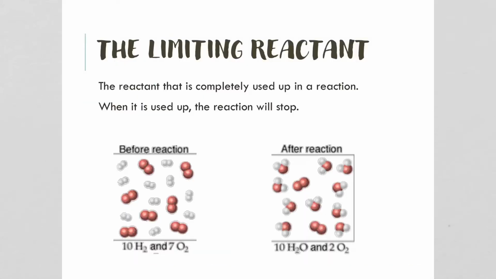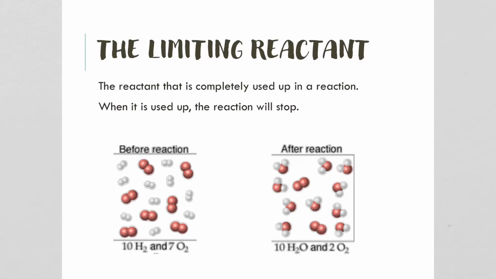So we'll define the 2 terms that we will be using. The first one is the limiting reactant. That's the reactant that's completely used up in a reaction. When it's used up, the reaction will stop. If you look in this image, it's showing that before the reaction we had 10 hydrogens and 7 oxygens, and they bump into each other and eventually have some effective collisions and create water molecules.